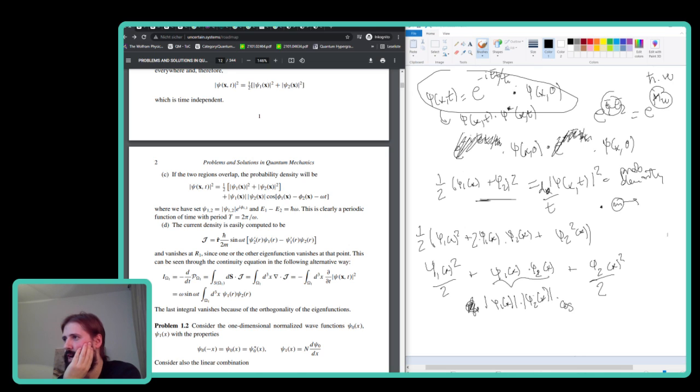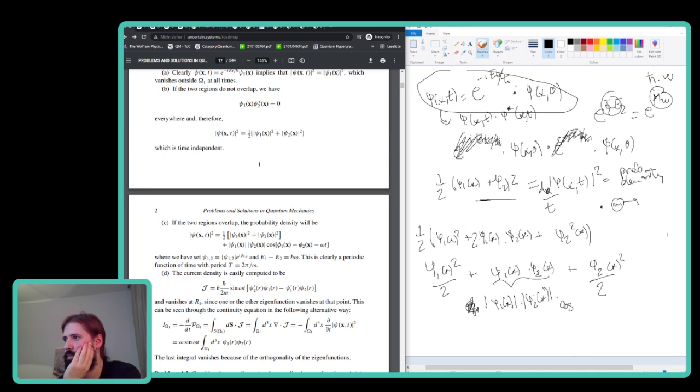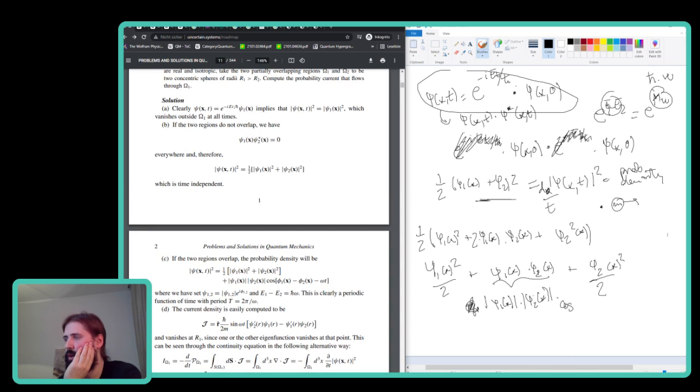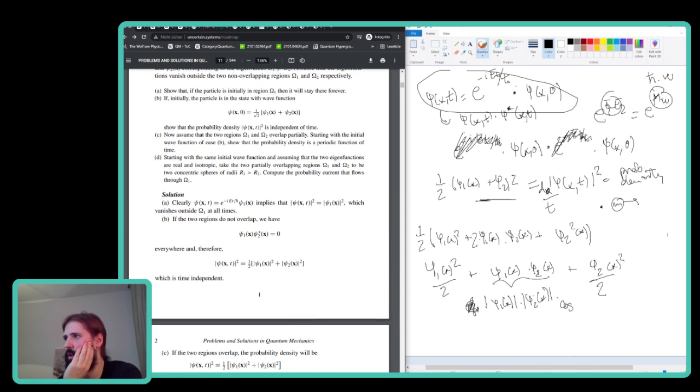What I still don't grasp, though, is what does this have to do with the specific R, like omega 1 and omega 2? Like, how do I know how to compute these for R, for that specific region?